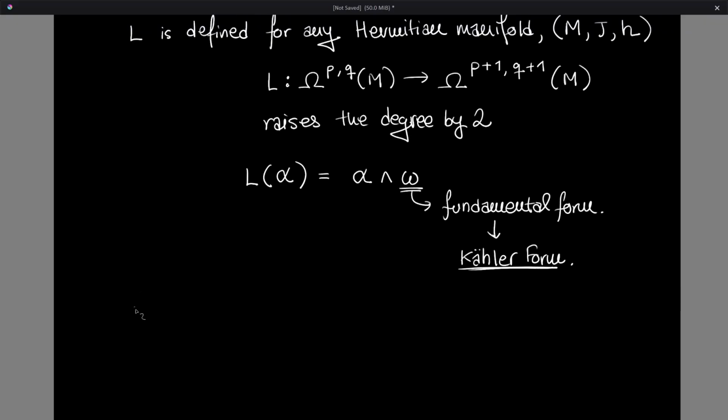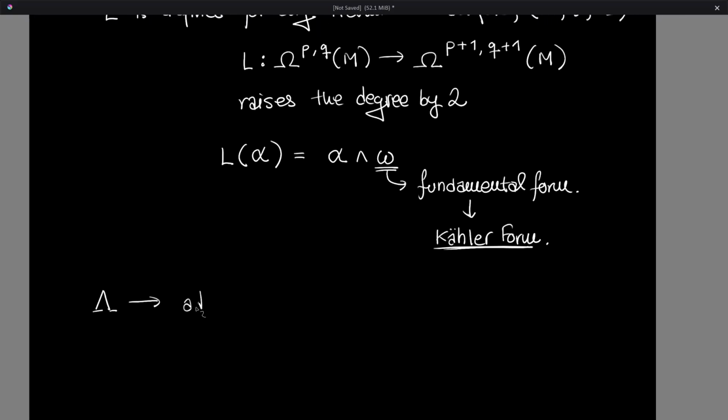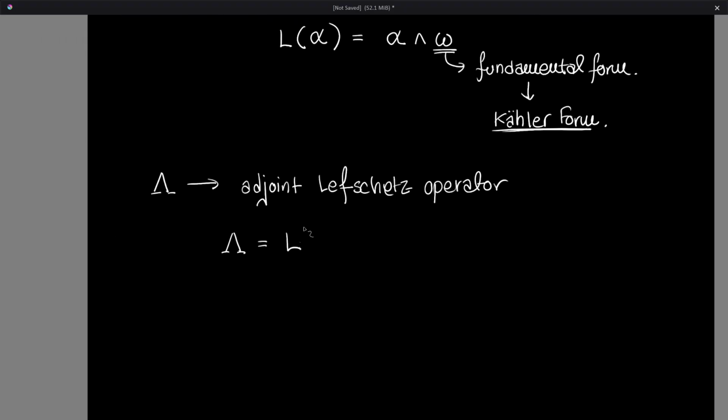We also define lambda, same idea, on a Hermitian manifold. This is called the adjoint Lefschetz operator. In fact, lambda is equal to L dagger.